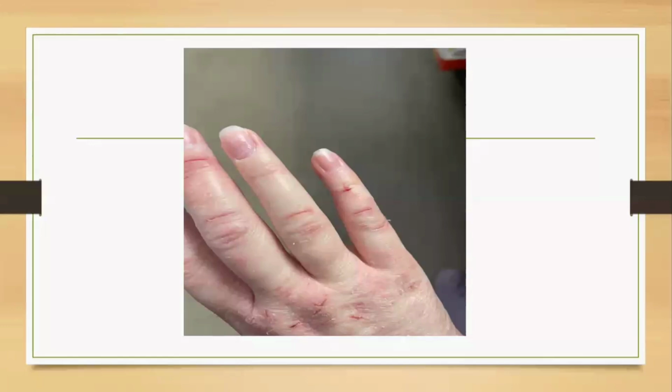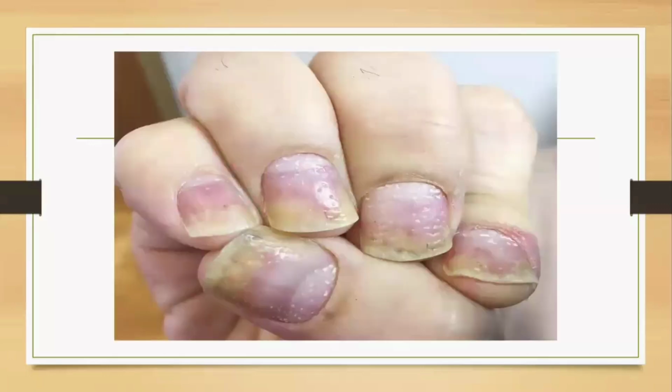There is ridging of the nails, pitting of the nails. Yes, very right. These are the nail pitting, transverse ridges, and basically, not the whole hand is shown here, but these are the hands of a psoriatic patient. Yes, these are psoriatic lesions.